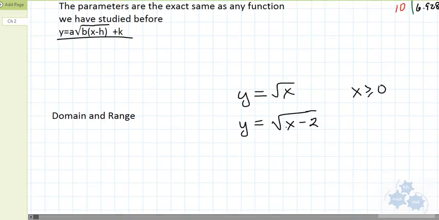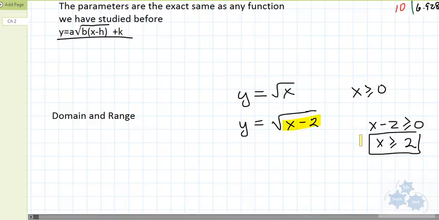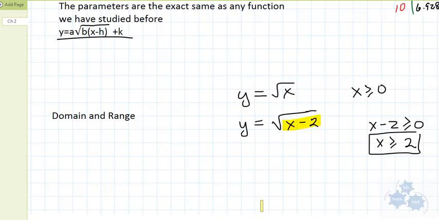Now do you see how x is not just greater than or equal to 0 anymore? So what you do is you say x minus 2 has to be greater than or equal to 0. And then you solve for x. X has to be greater than or equal to positive 2 now. So there's your domain change. So whatever's underneath the radical sign, you set that to be greater than or equal to 0 and then solve for x, and that's your domain.